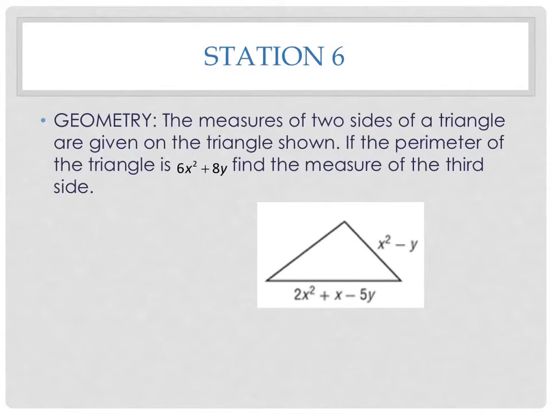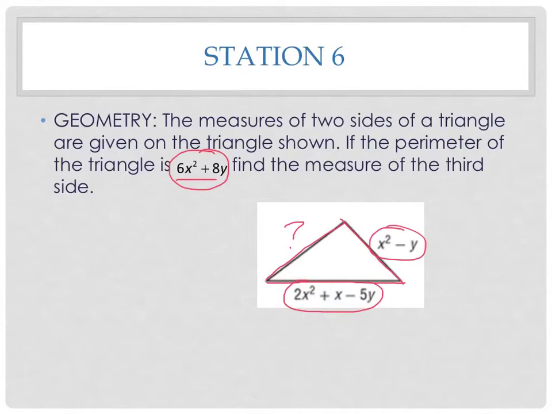In station 6, we're going to apply our knowledge of all of the chapter with a simple geometry problem. I know that the perimeter of this particular triangle here is 6x squared plus 8y. And I know that finding the perimeter means I have to add this leg plus this leg plus this leg. So if I want to find out the third leg, I simply need to take the total perimeter and subtract from it these two sides.